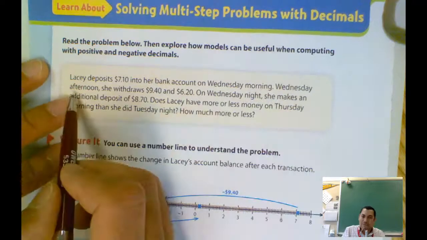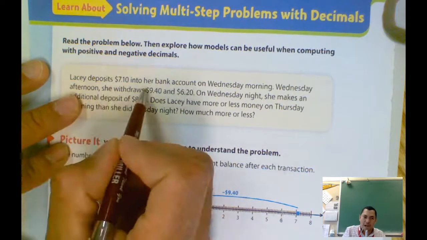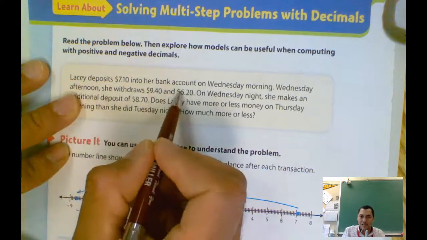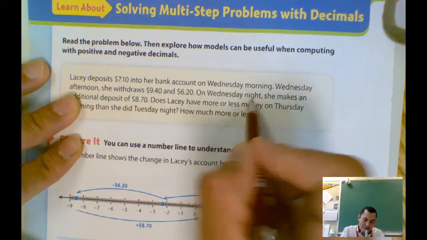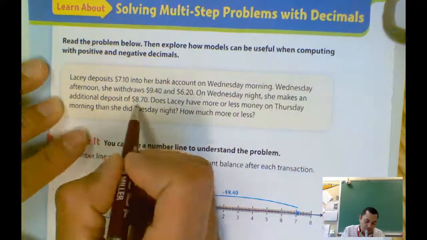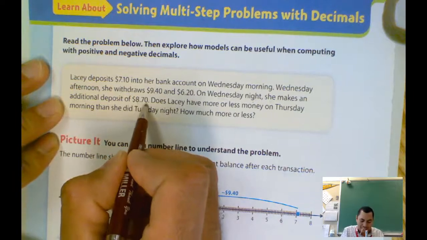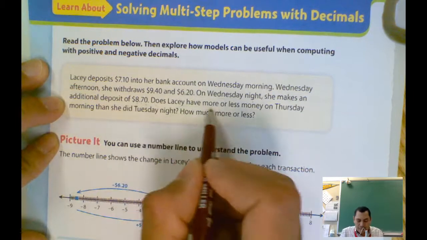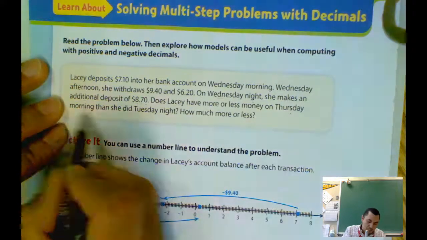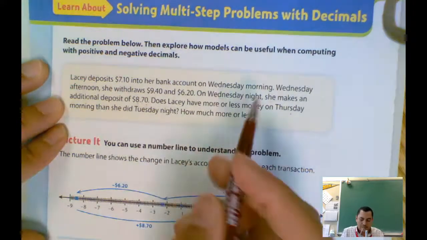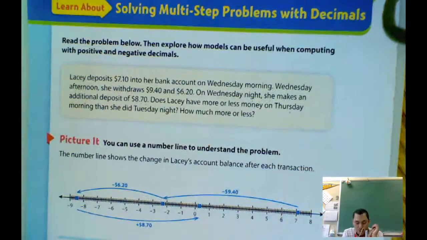On Wednesday afternoon, she withdraws $9.40 and $6.20 on Wednesday night. She makes an additional deposit of $8.70. Does Lacey have more money or less money on Thursday morning than she did on Tuesday night? How much more or how much less?